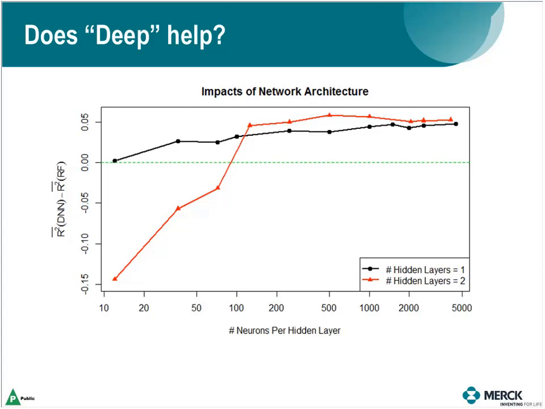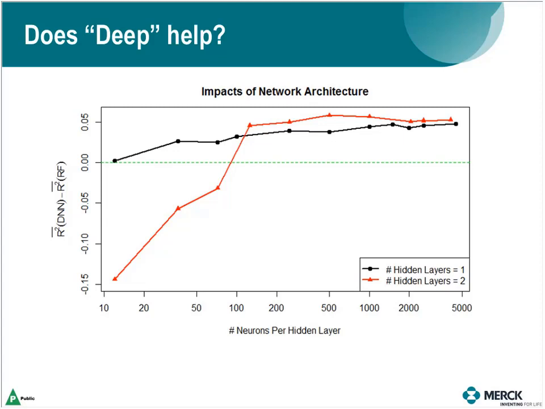The red line is more like the deep network. The black line is the traditional 1 hidden layer network, which was common in the 80s. For example, this data point uses 2 hidden layers, but each hidden layer has only 12 units. In this case, you can clearly see that if you have a wider hidden layer, 2 hidden layers are better than 1 hidden layer.